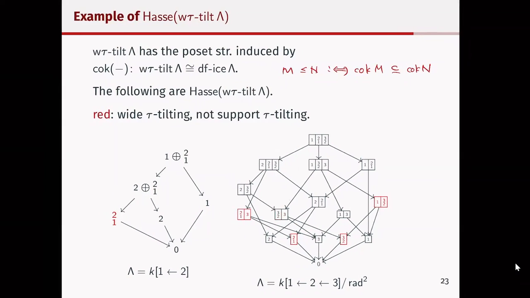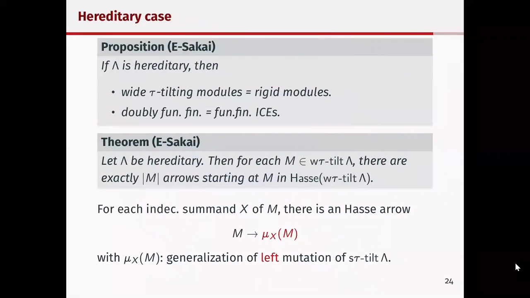And so let's consider the hereditary case. In the hereditary case, there is a more explicit description of wide tau-tilting modules and doubly functorially finite ICE-closed subcategories. If lambda is hereditary, then wide tau-tilting modules are just rigid modules.